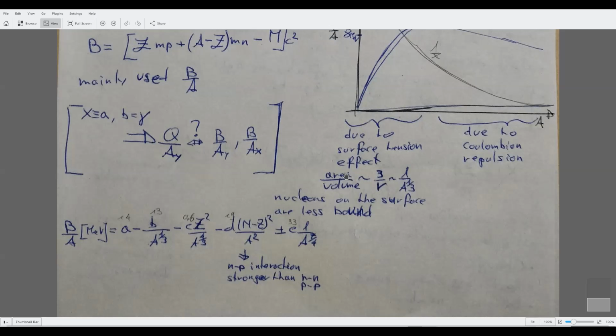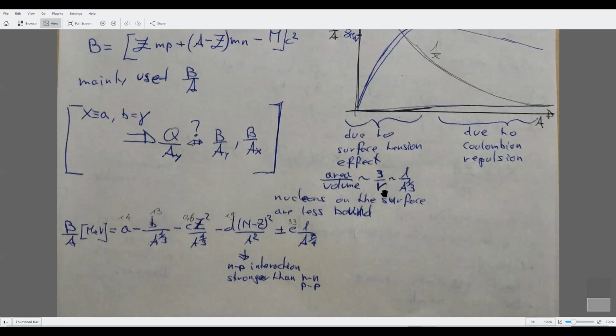This is because it's connected to the relation between the area of the surface of the nucleus and the volume of the nucleus. For a sphere, the area is 4π times the radius squared. The volume is 4π divided by 3 times the cube of the radius.